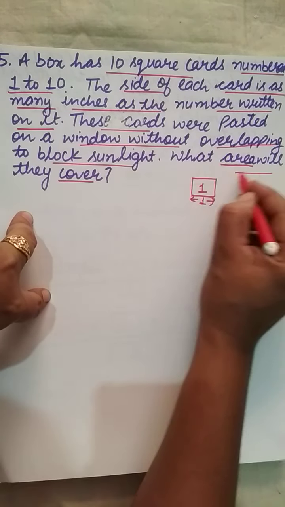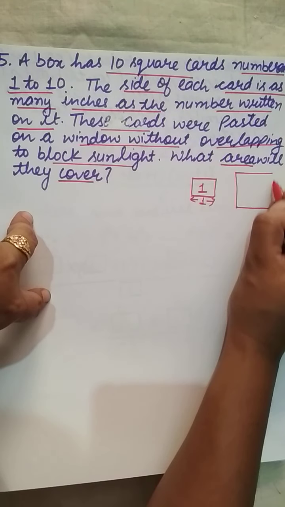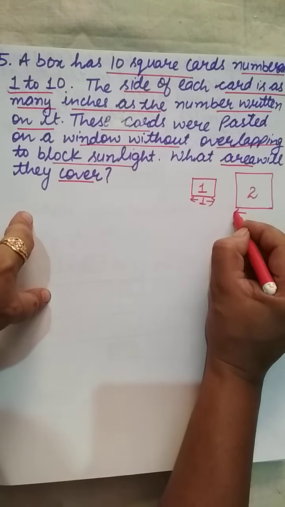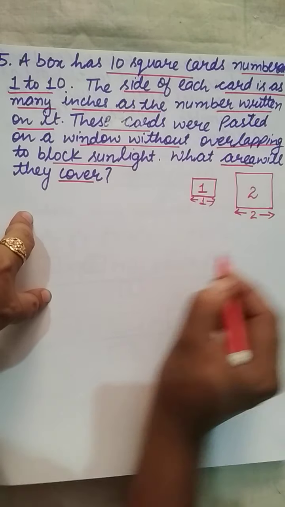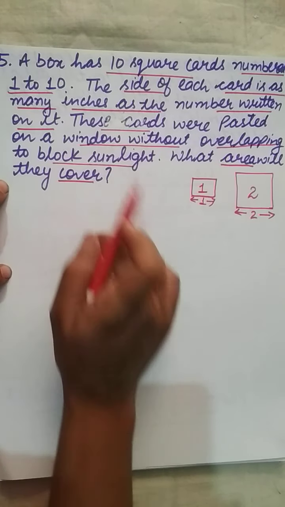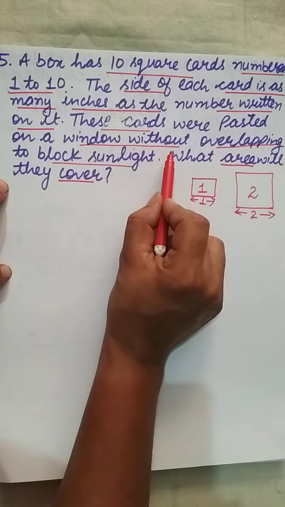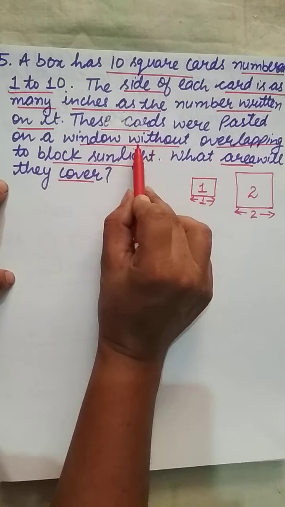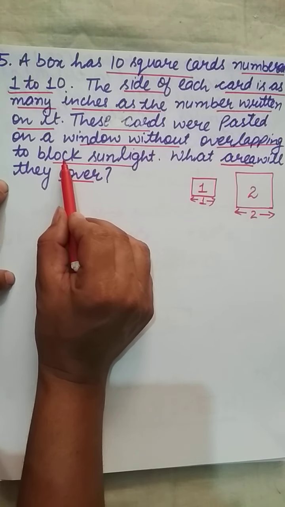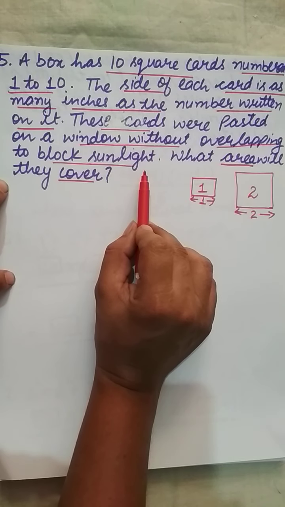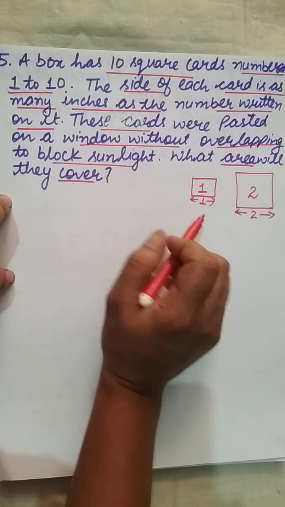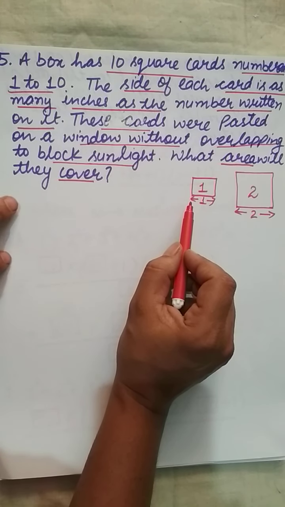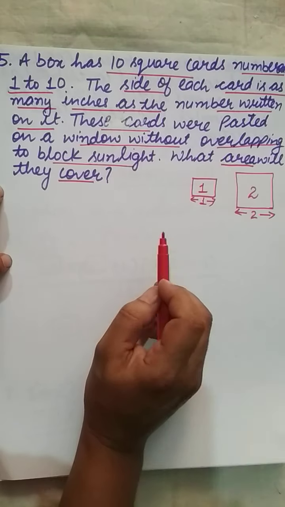If I have 2 written on the card, it means the side is also equal to 2. Next, these cards were pasted on a window without overlapping to block the sunlight. Now we have to find out the area covered by the square cards.